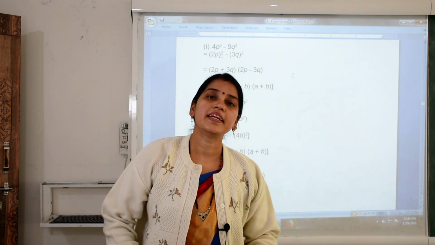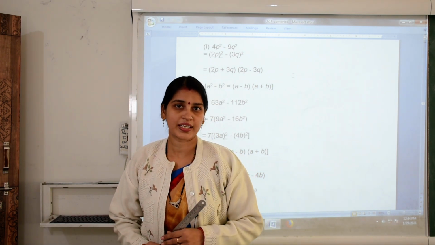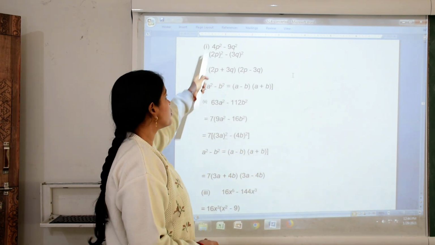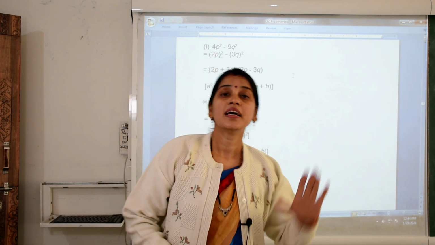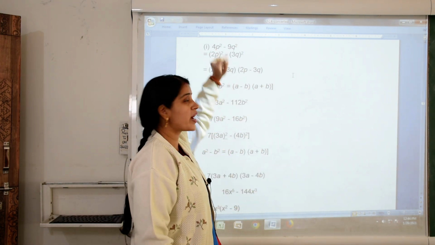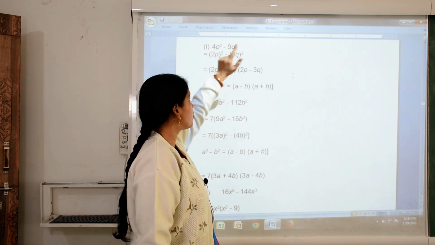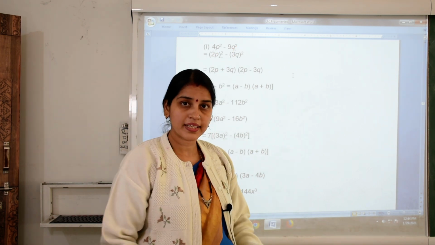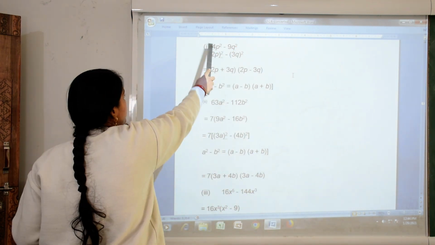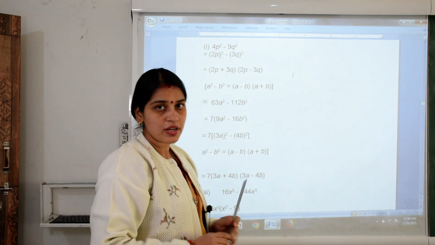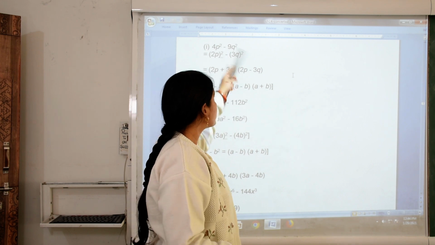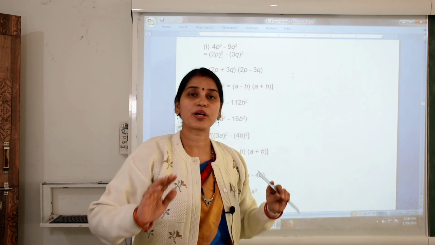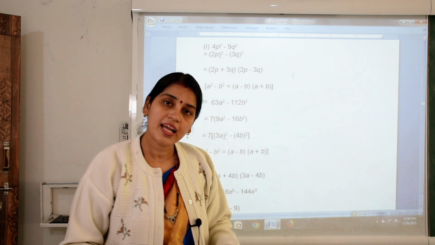In this identity we have to convert it. So first of all you have to find what is A and what is B. So what you have to do is find the square root of 4 and the square root of 9. So the square root of 4 is 2, because we know 2 into 2 is 4, and the square root of 9 is 3, because 3 into 3 is 9.